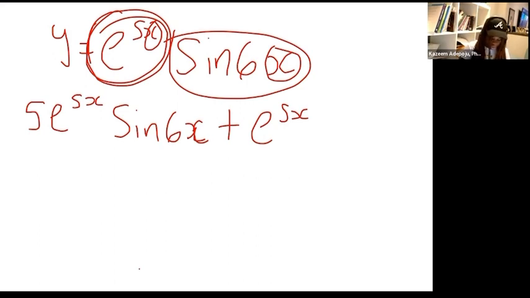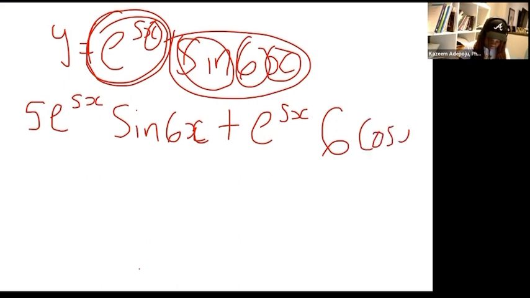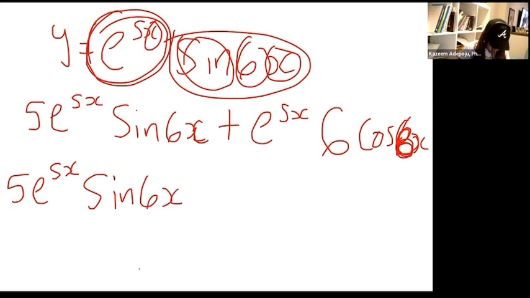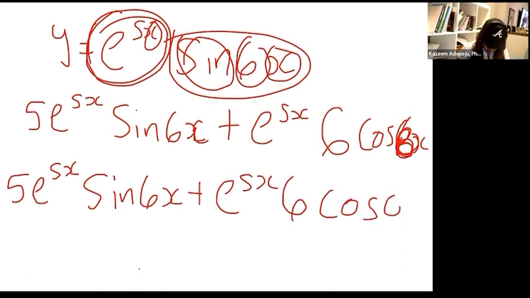What we have to do is put 6, differentiate sine, which is going to be cos, and then 6x. Let me rewrite that for you over here: 5e^(5x) sin 6x plus e raised to the power 5x, and then 6 cos 6x.